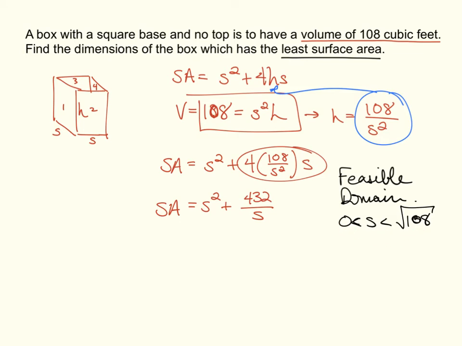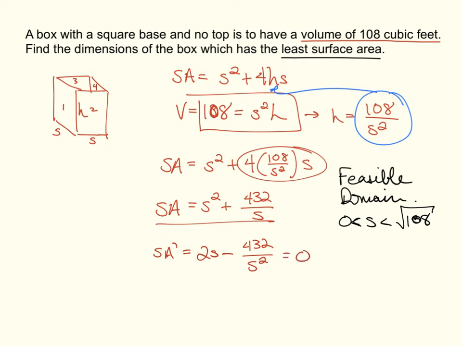So now that we have some feasible domain, we can go ahead and take the derivative of this equation. So the derivative of the surface area is 2s minus 432 over s squared by the chain rule. And we should set this equal to 0 and solve for s.